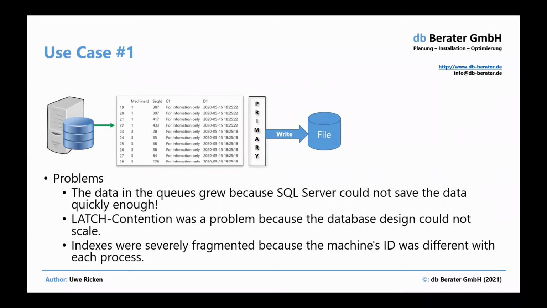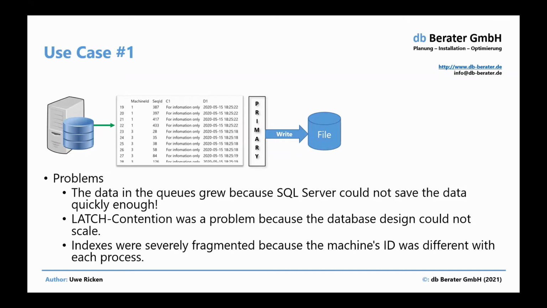And you might think, what? We are talking about partitioning. What is it about the database design? Well, the key point here is every single machine gets its own machine ID, and then we are storing the data by the machine ID and by the date when the record is stored in the database.